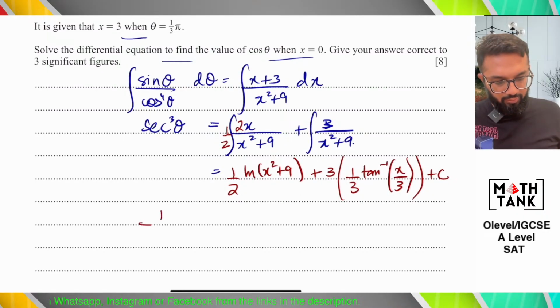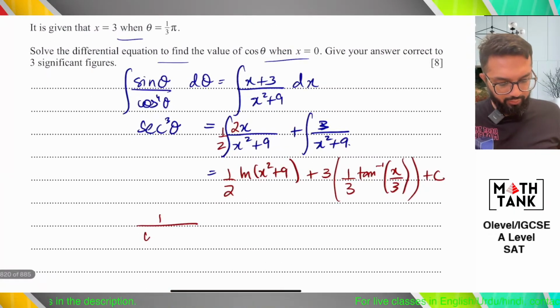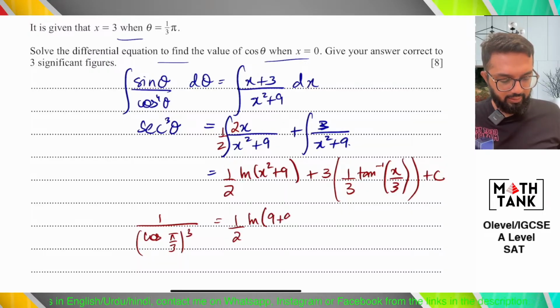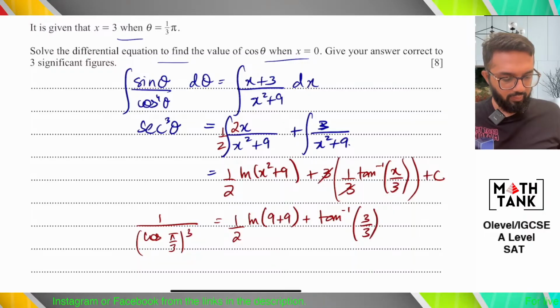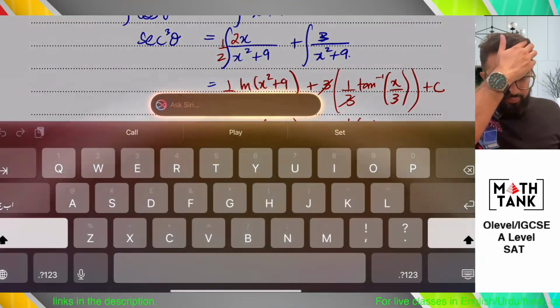So 1 over cos pi over 3 cubed equals half ln 9 plus 9. Okay, what's cos pi over 3?